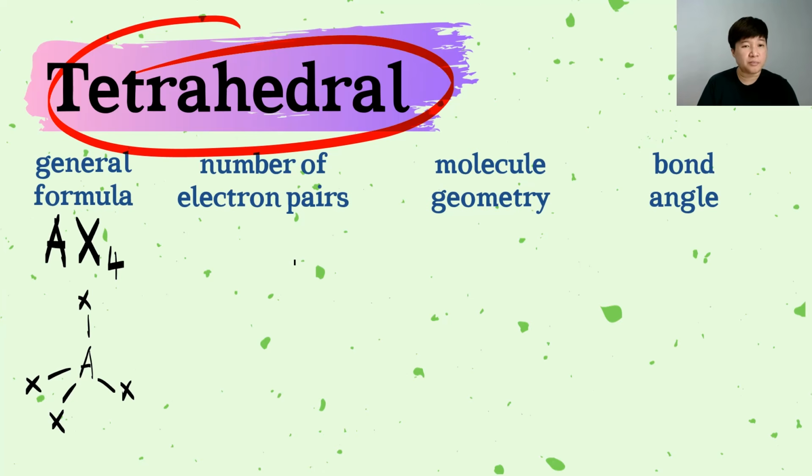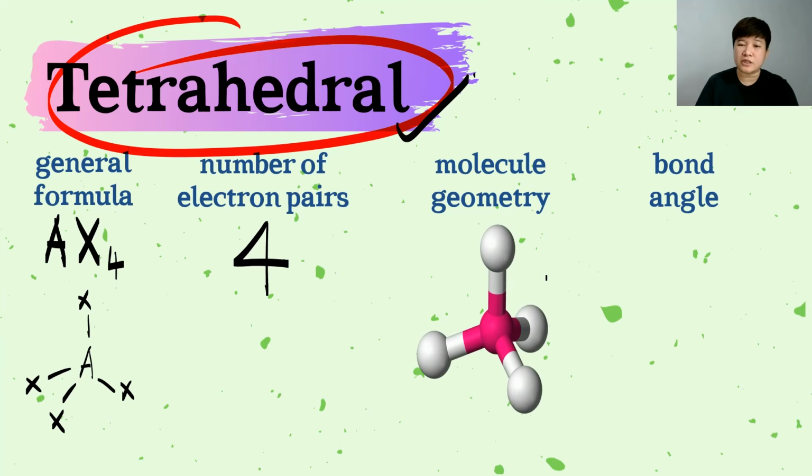The number of electron pairs over here is similar: if AX2, the number of electron pairs is 2; general formula AX3, the number of electron pairs is 3. So if my general formula is AX4, my number of electron pairs will be 4.